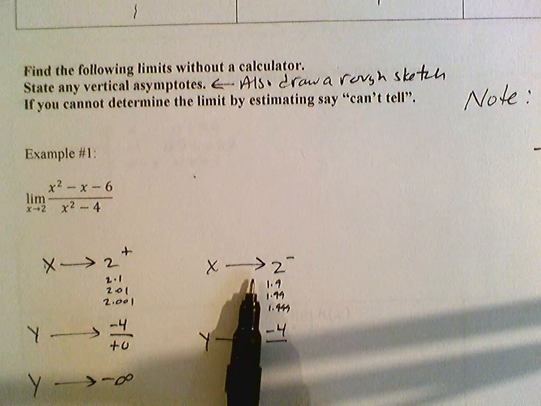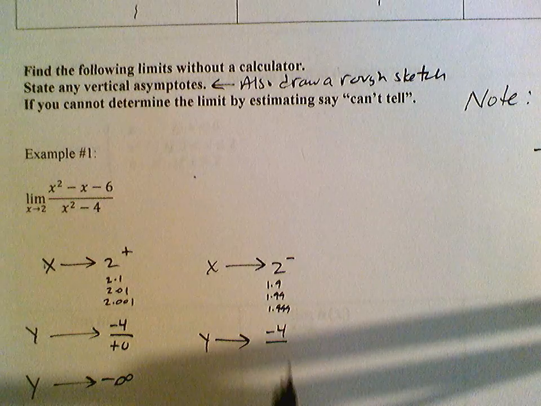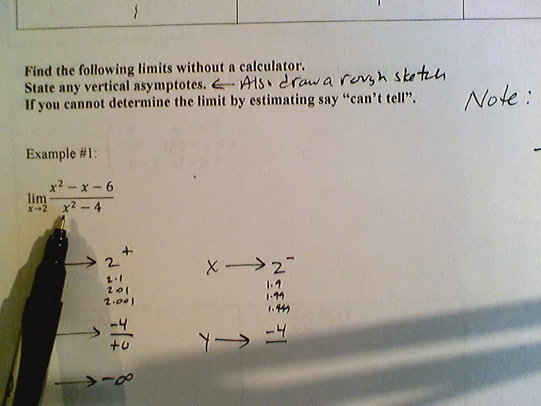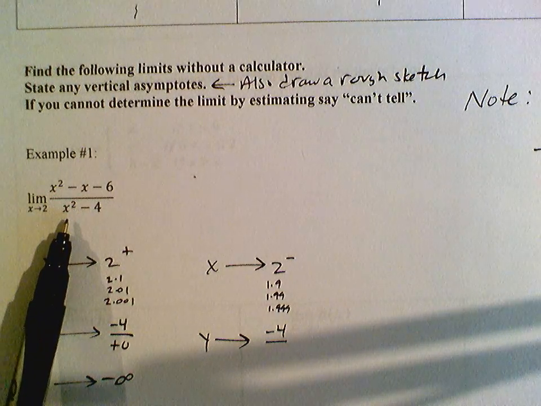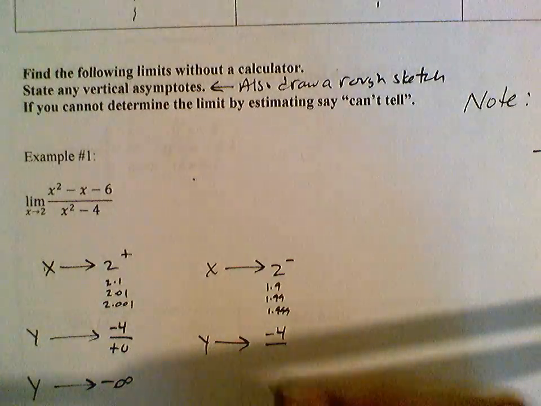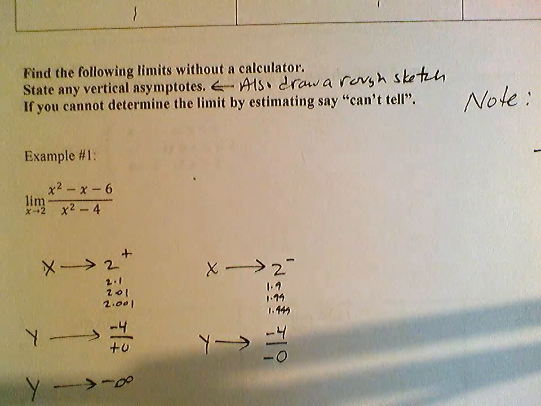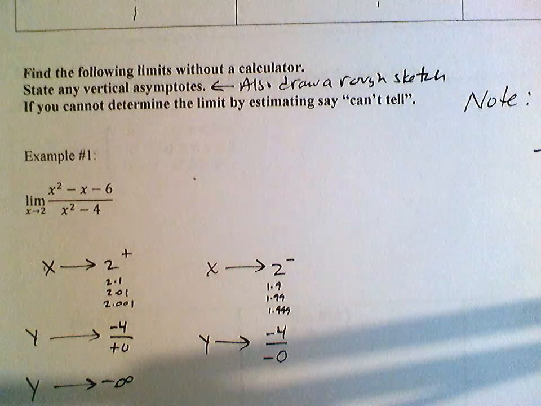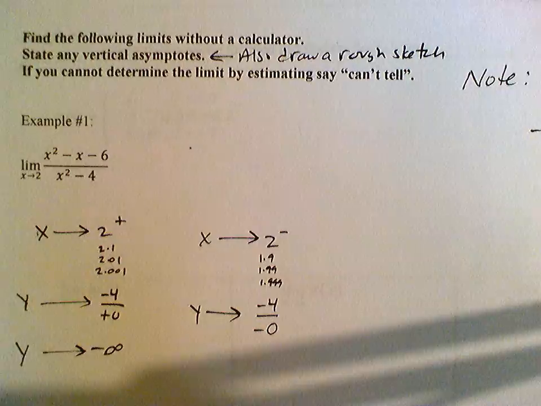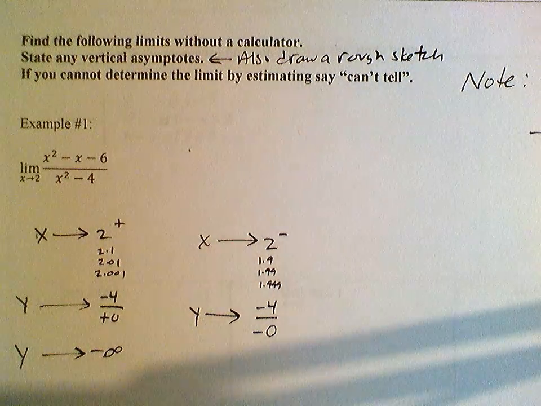Now, these numbers are right below 2. So I'm plugging in a number a little bit less than 2, and I'm squaring it. A little less than 2 squared is a little less than 4. A little less than 4 minus 4 is a very small negative number. So here, I've got the same situation, except I'm dividing by a very, very small negative number.